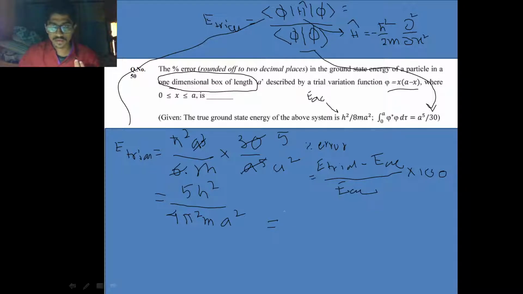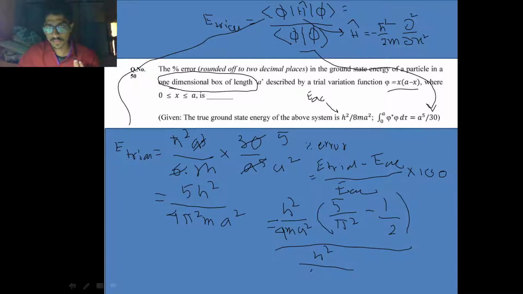So this comes as, here you see h square upon m square takes as common, so h square upon m square into, you can take 4m square as common, 5 upon pi square minus half upon, for the actual, h squared upon 8m square into 100.